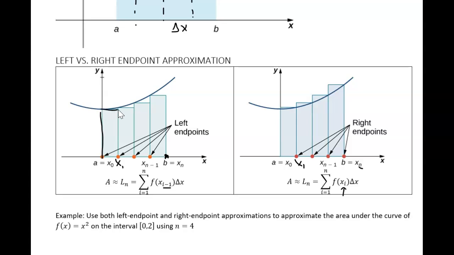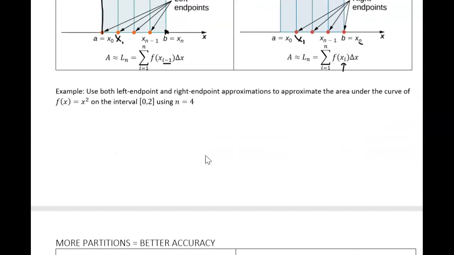And this is just your basic area of a rectangle, length times width, or height times width, however you want to think about it. So we're going to try this out using both left endpoint and right endpoint approximations to approximate the area under the curve of f of x equals x squared on the interval 0 to 2.